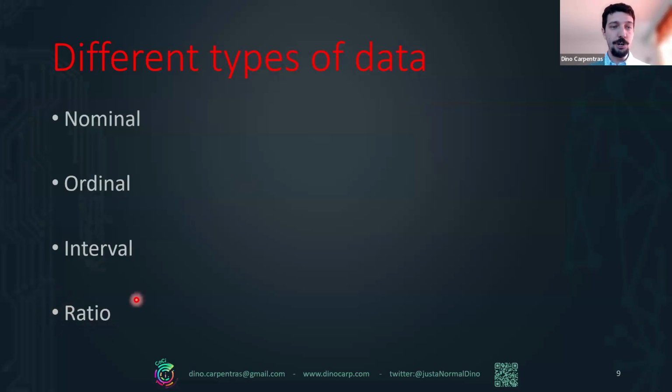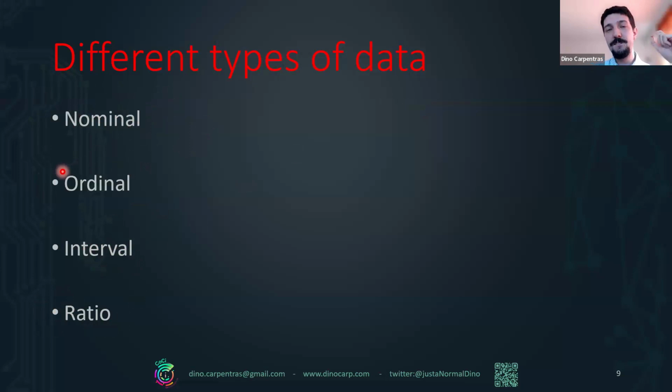There are ratio and interval, which are the ones that have standard units of measurement, like meters, Celsius, etc. Then you have nominal, which is just categorization. For example, if you want to categorize people by gender, this is a nominal measurement. And then we have what we will focus on today, which is ordinal.